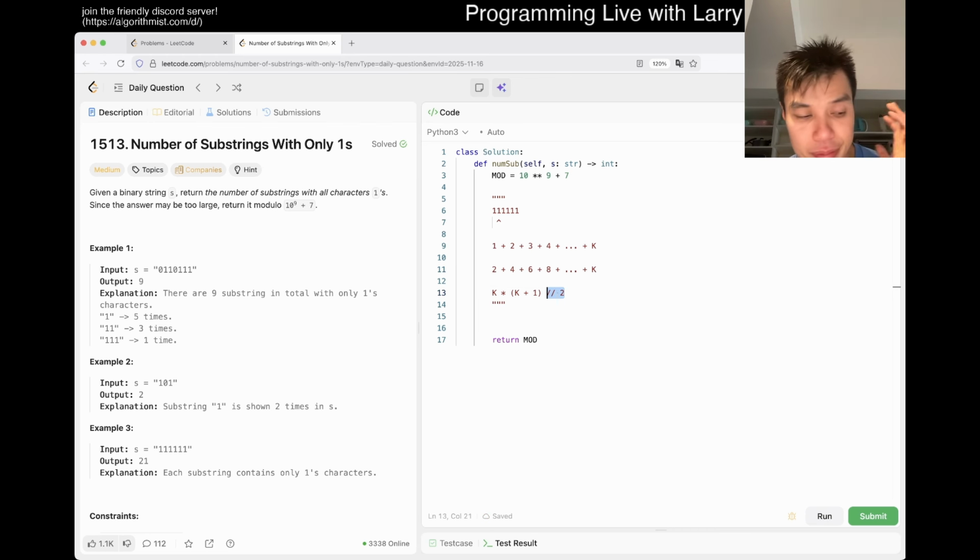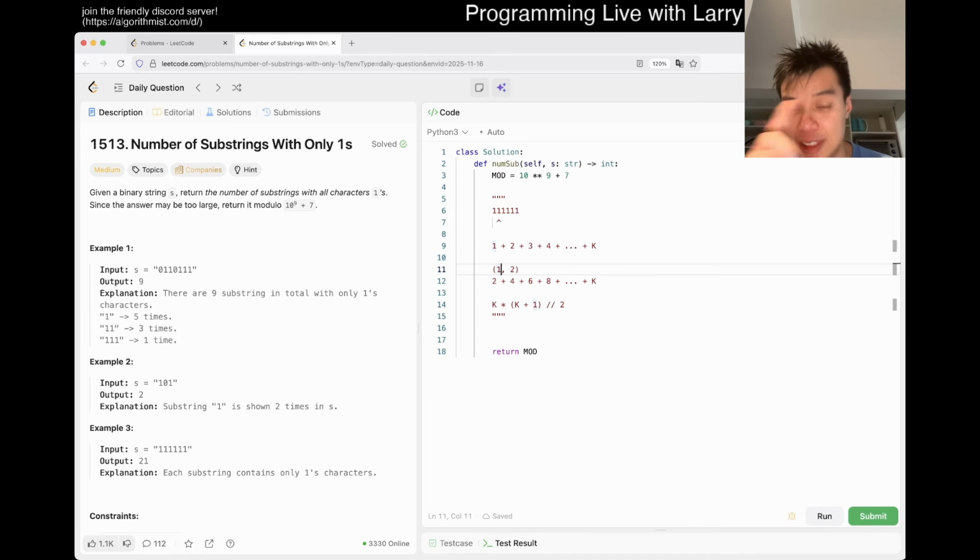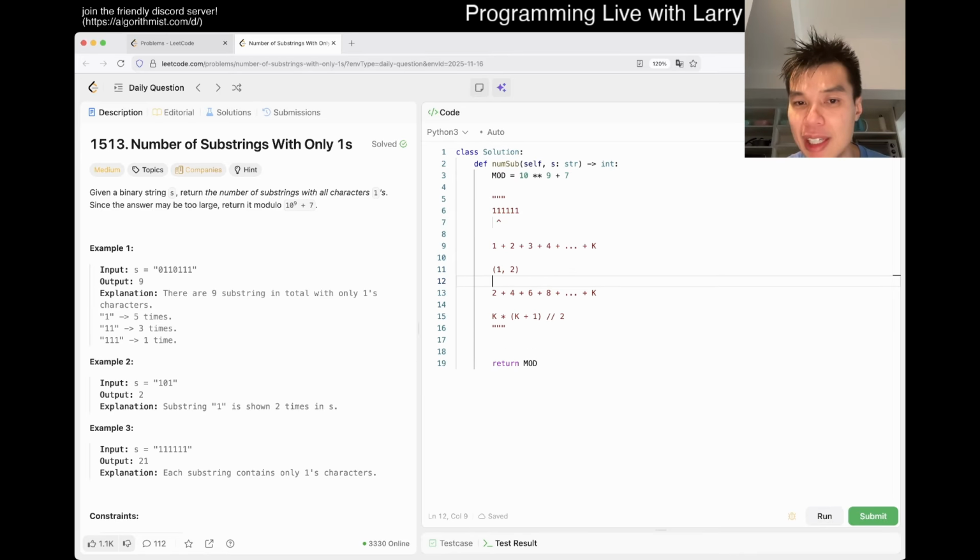But here, you don't have to think. You're just like, okay, we have to do the formula. Because let's say all the indexes are distinct, then you have this. But then you actually double count it. For example, if you have index 1 and the substring from 1 to 2, it counts as 1. Maybe 2 to 1 also counts as 1 because it's a weird problem. Leetcode has weird problems sometimes.